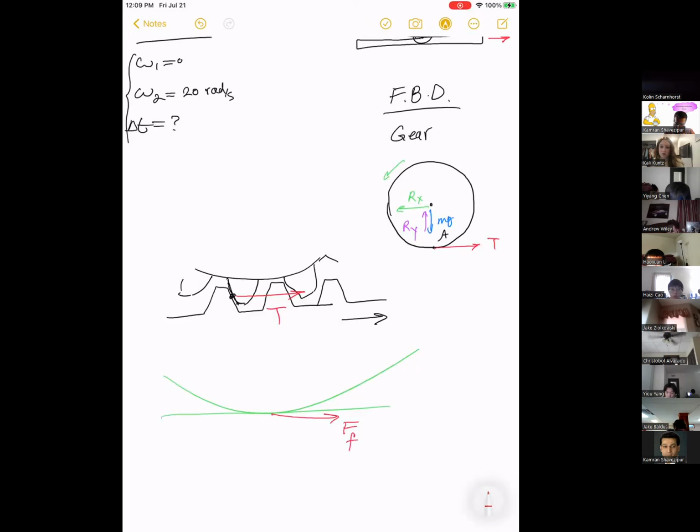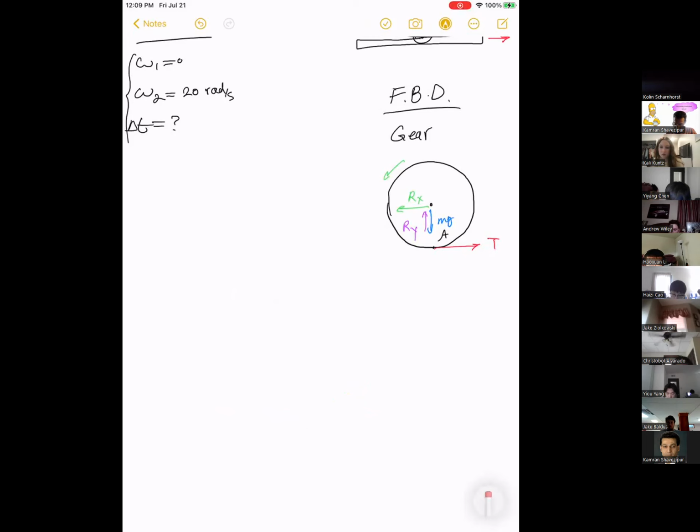So either the contact force of the teeth or the friction force, this is what is going to cause rotation. Does that make sense? Okay. Do we have any other force? And remember, if the force T is in this direction, it's going to rotate the disc like that, or the gear like that.